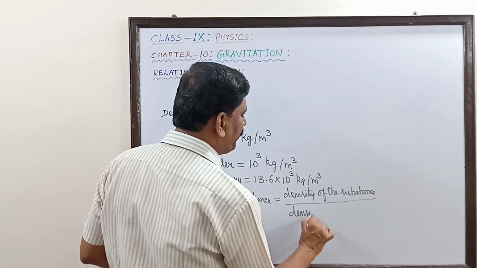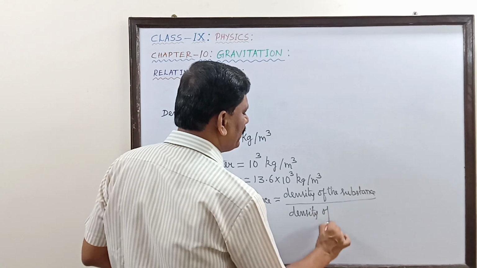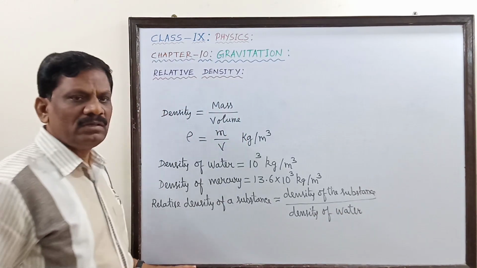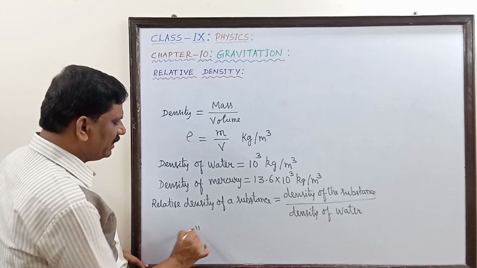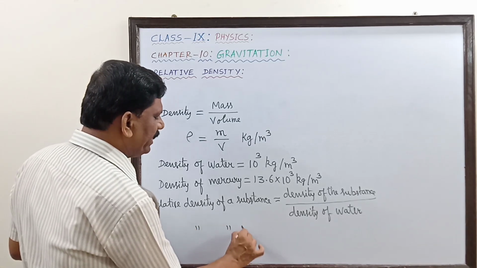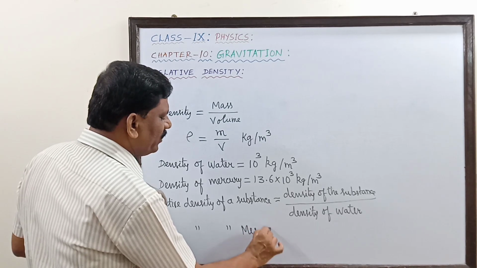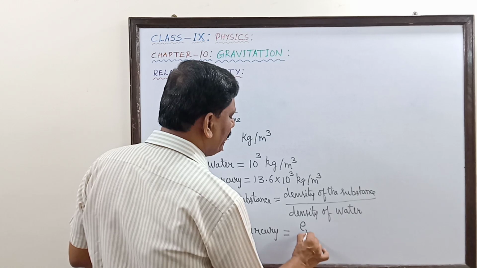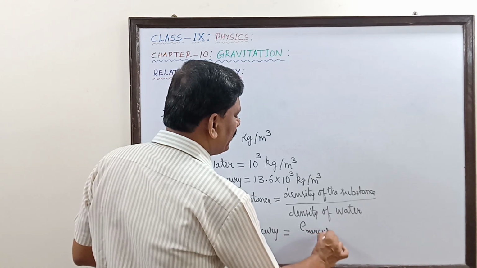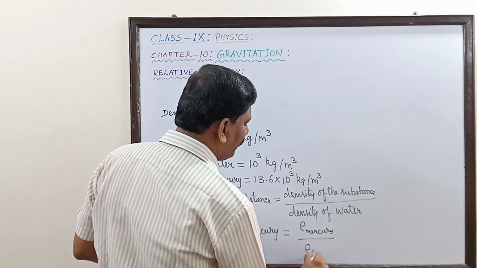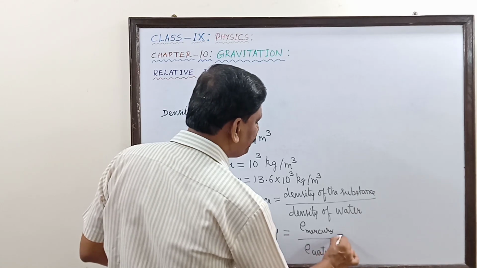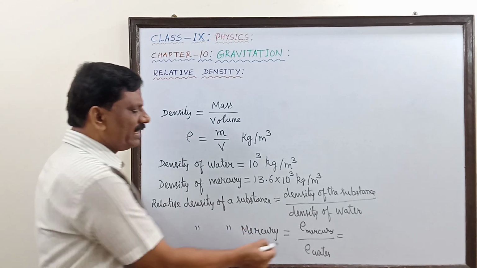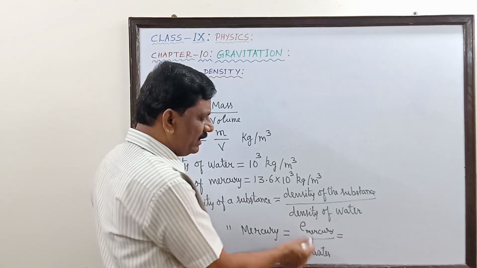Always we have to compare the density of a given substance with the density of water. So if I want to find the relative density of mercury, it is equal to density of mercury divided by density of water. So the relative density of mercury is the ratio of density of mercury to the density of water.